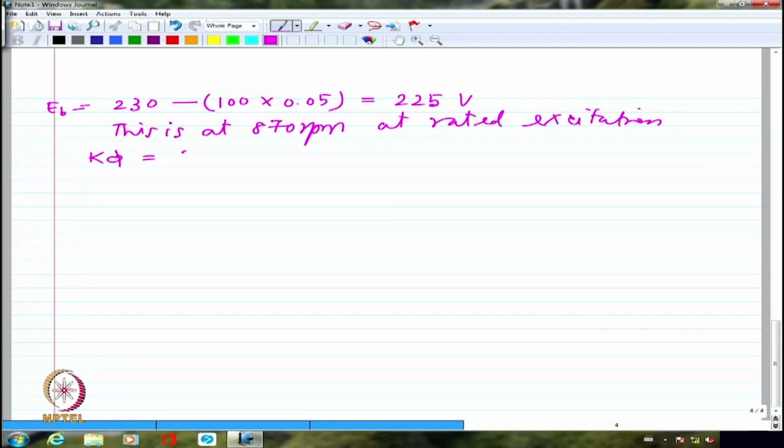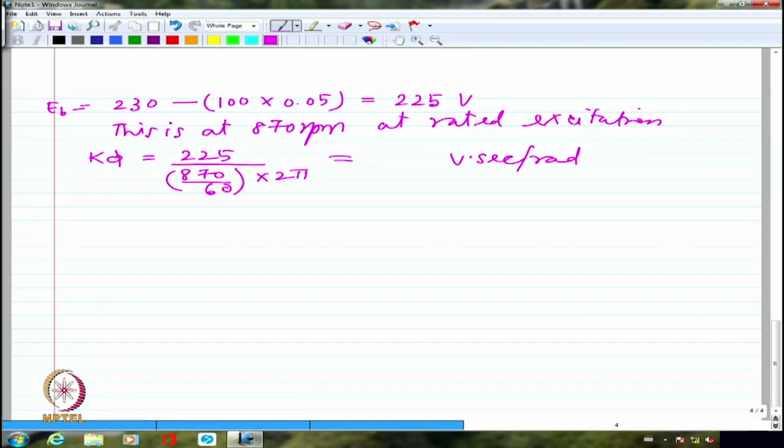So this will be 225 divided by 870 by 60 into 2 pi. So what I get as K phi is volts per radians per second, right? So volts second per radian. Tell me the value, whatever it is.